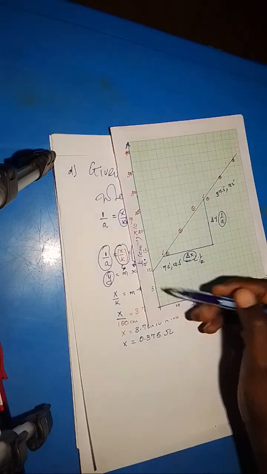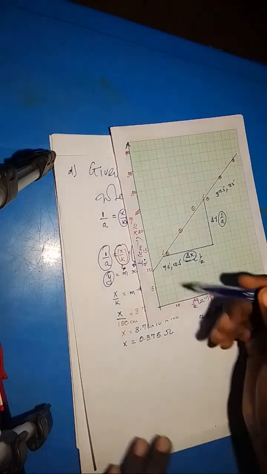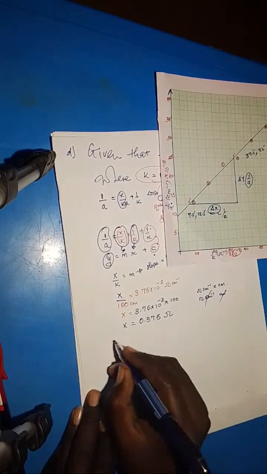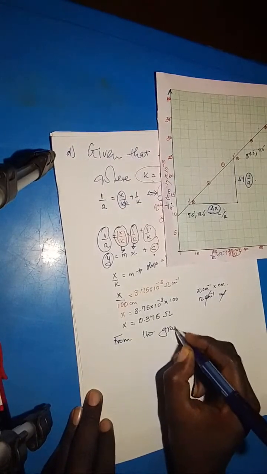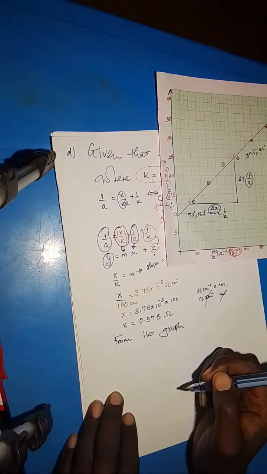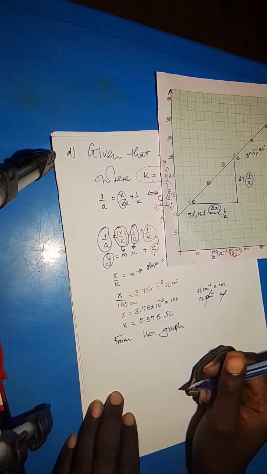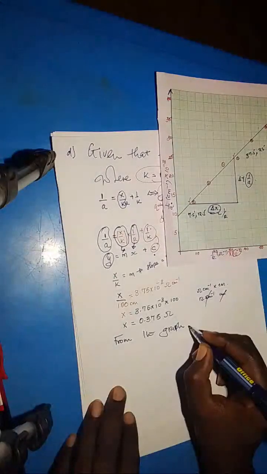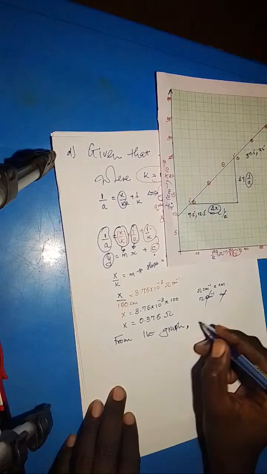And if I may look at this, I can decide to say from the graph, what is k?